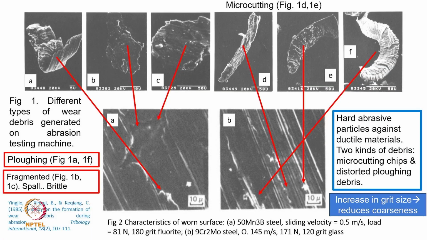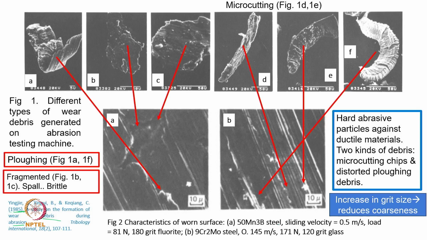Now, we will just take one final example. In this lecture, we are trying to take another example from one of the references in 1985, which mentioned wear debris generation due to abrasion, and they compare hard particle versus soft particle.